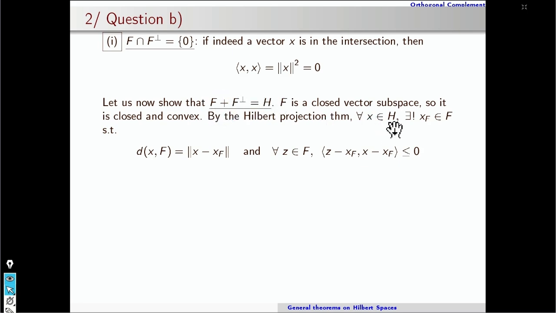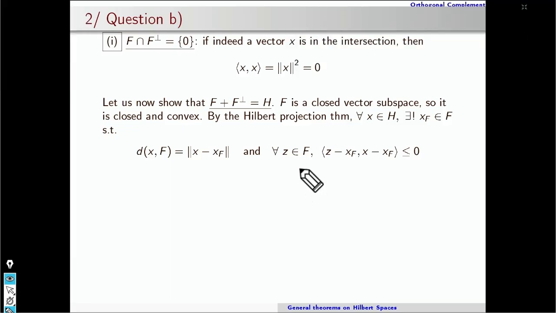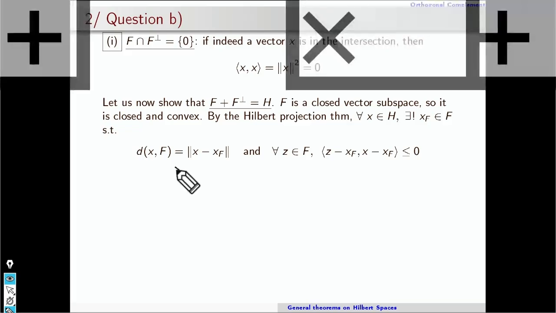So let x be an element in H, and xF its projection on F, which is, as we said, a non-empty closed convex subset. Let me sketch. One has, by the first section, those two characterizations, and in order to take advantage of the linear structure of F, we'll use the second characterization.